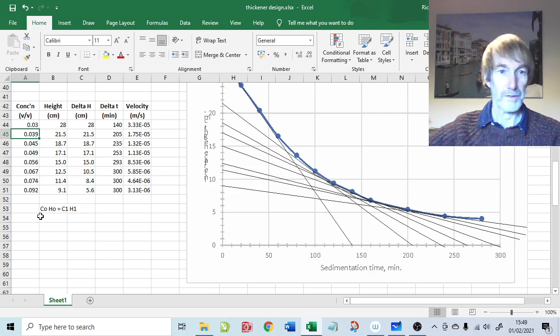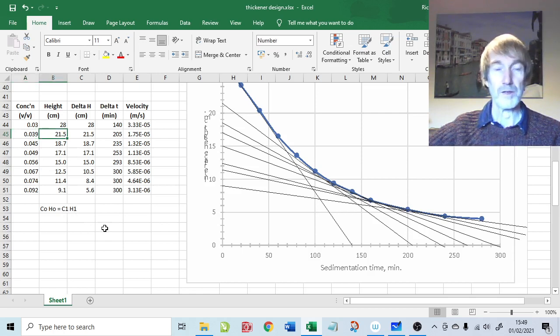And we know that 0.03 is C0, the original concentration, times H0, which is 28 centimeters or 0.28 meters, will equal whatever arbitrary concentration we want, times some equivalent height. So if we go for 0.039 as our first arbitrary concentration, we can work out what H1 is, and H1 is 21.5.